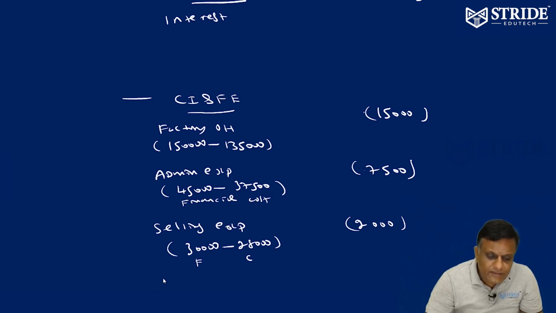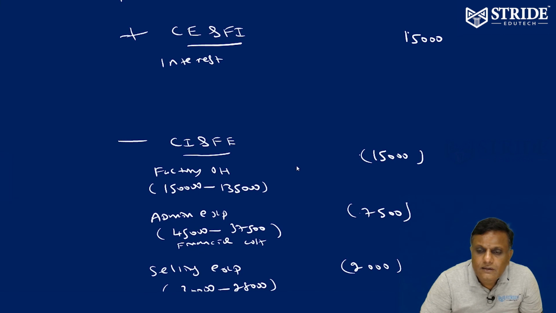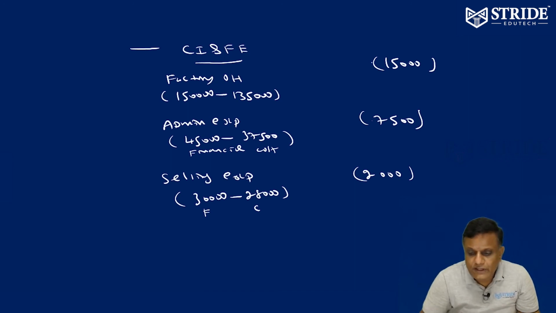Now everything is over. Now we have to reconcile. So what are the figures we derived initially? So 49,500 plus 15,000 minus 15,000 minus 7,500 minus 2,000, so 40,000.